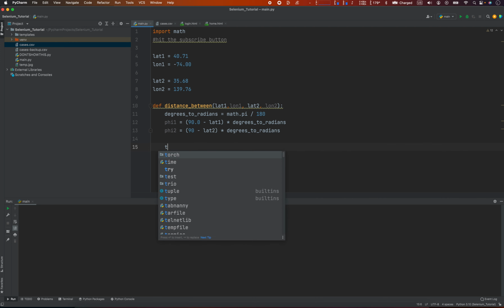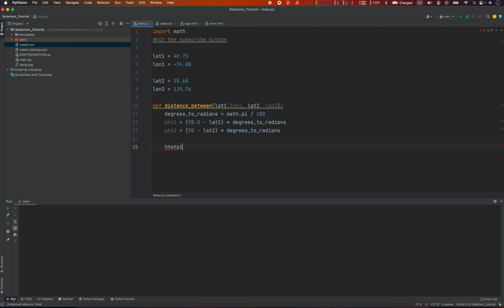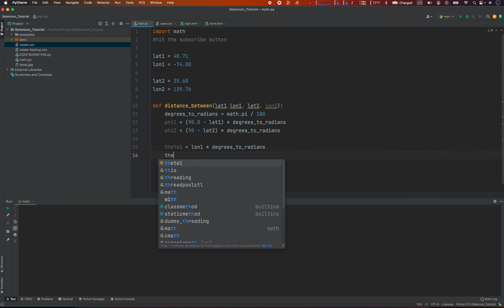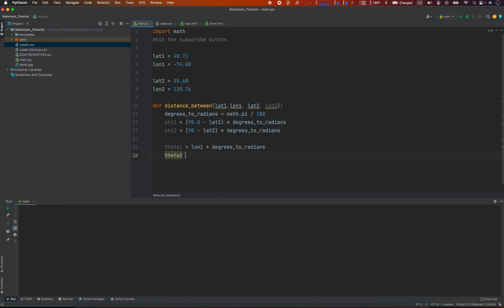And then we'll do theta1 equals lon1 times degrees to radians. Theta2 is going to equal lon2 times degrees to radians.